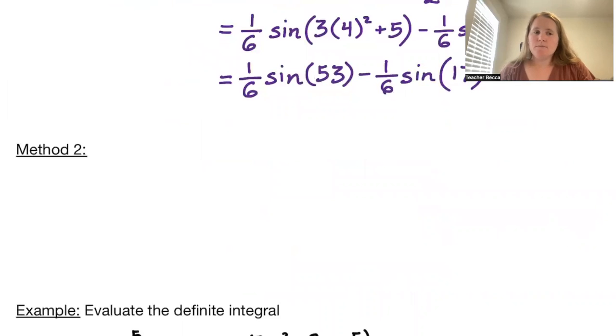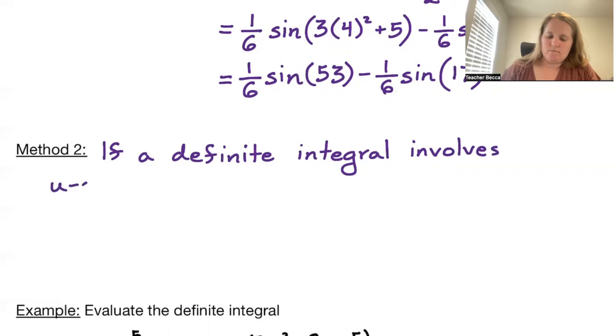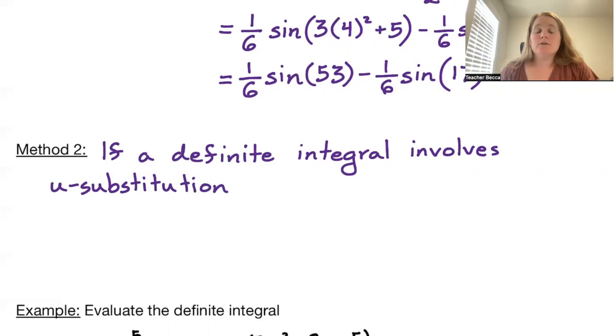Method 2, if a definite integral involves u-substitution, is to convert the bounds when we do our substitution into u.